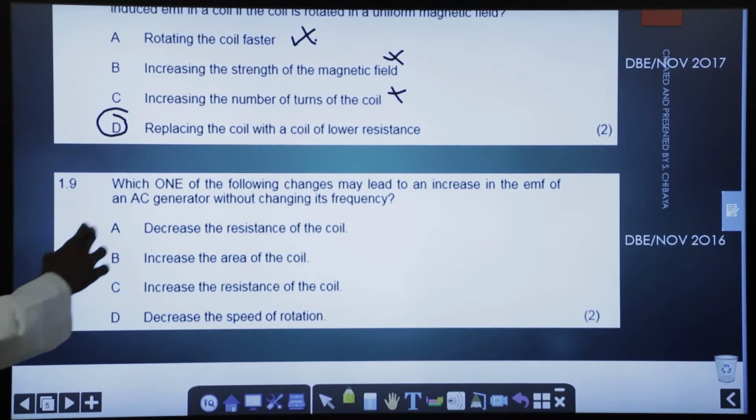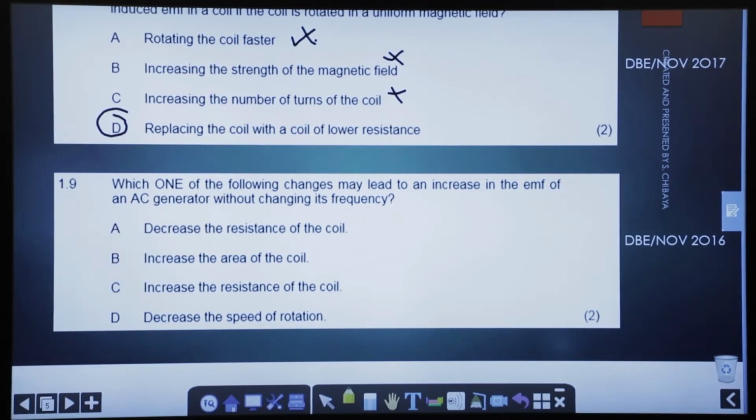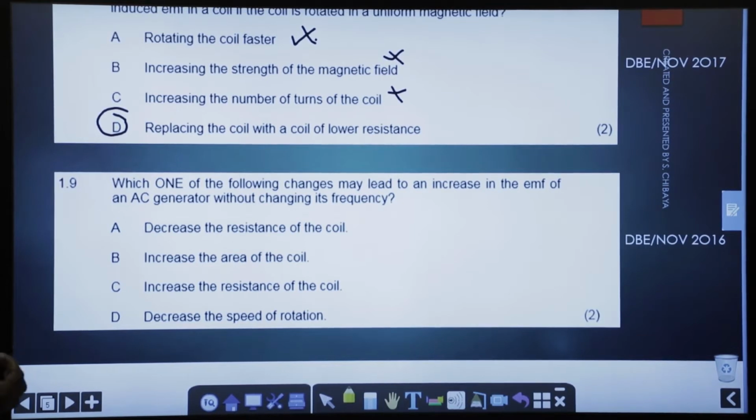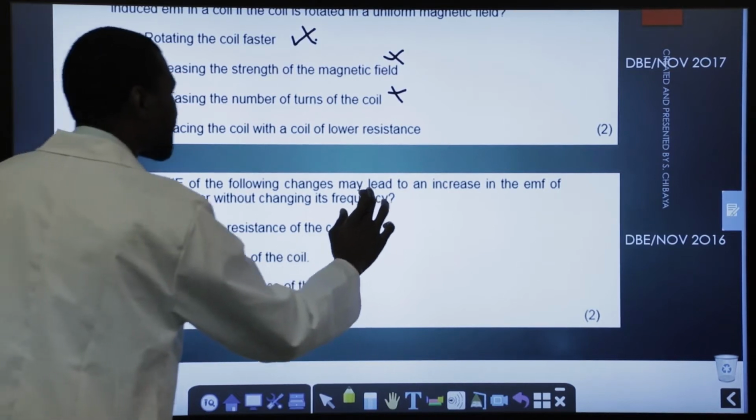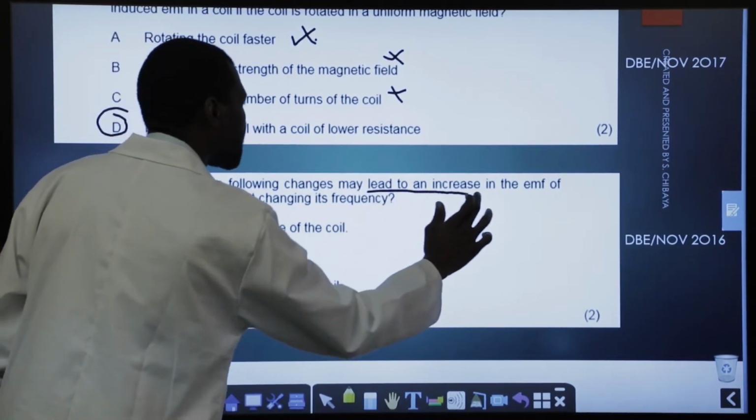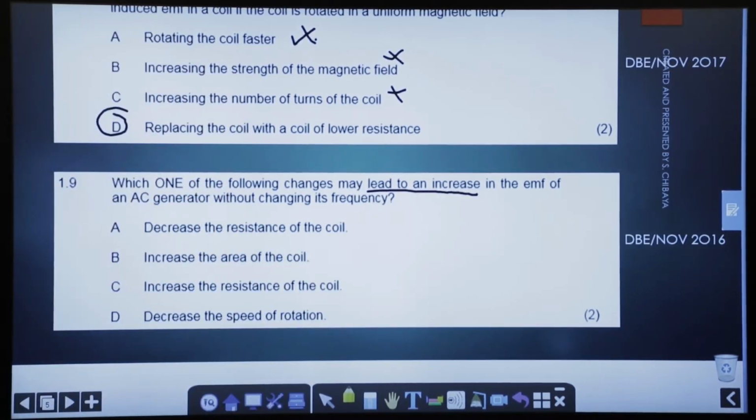1.9 here says, which one of the following changes may lead to an increase in EMF of an AC generator without changing its frequency? Decreasing the resistance of the coil. So we want one that leads to an increase in the EMF.